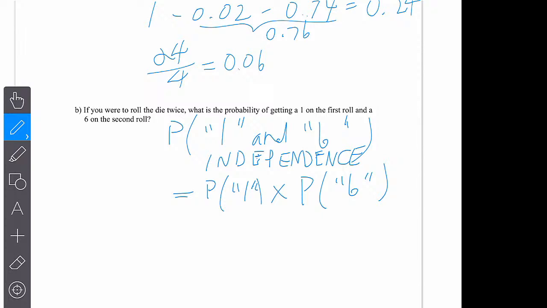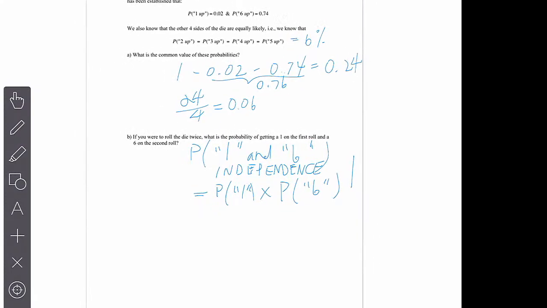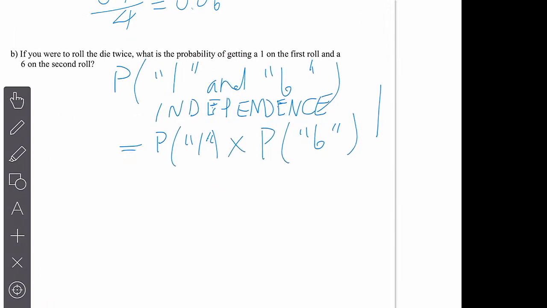So the 1's probability from the above, the probability of a 1 is 2% and a 6 is... oh, sorry, it's not 6%, 6 is 0.74 from the top.